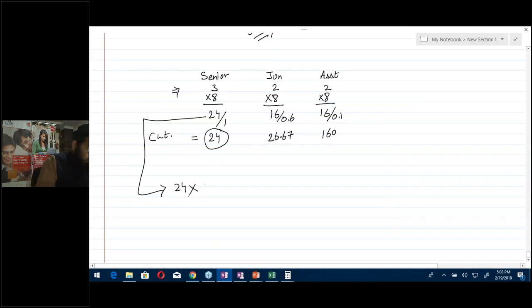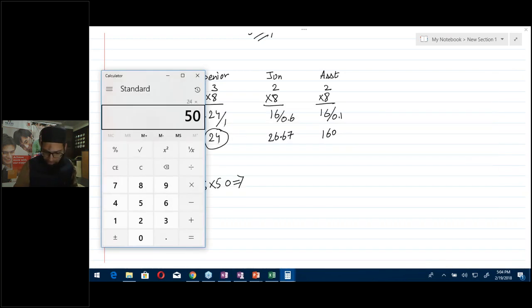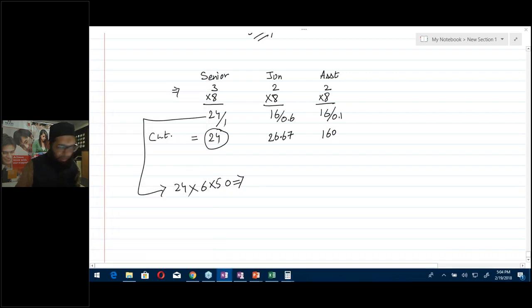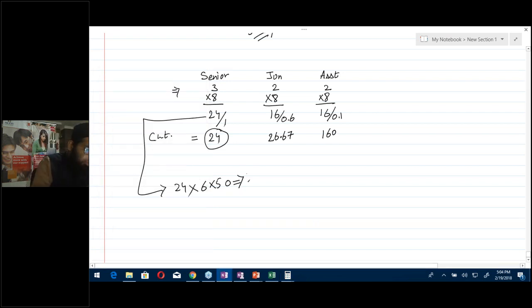So 24 into 6 into 50 will be the total hours of senior stylists. If we calculate it, it will be 24 into 50 into 6. Sorry, 24 into 6 into 50, it is 7,200.